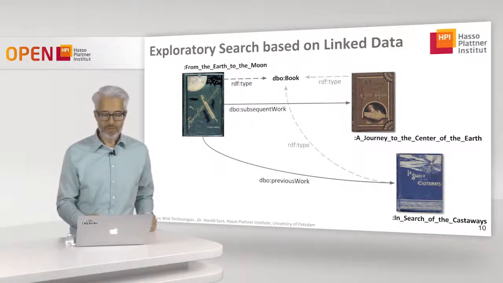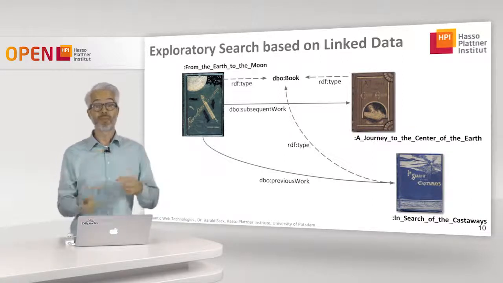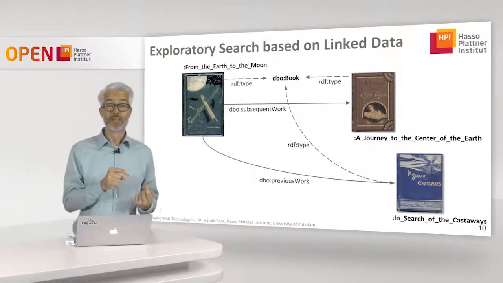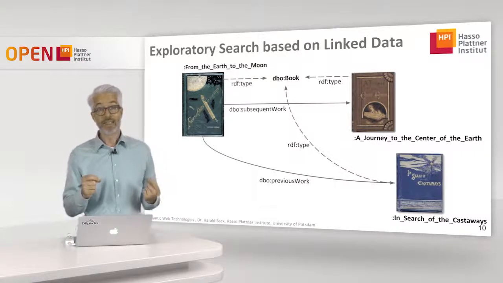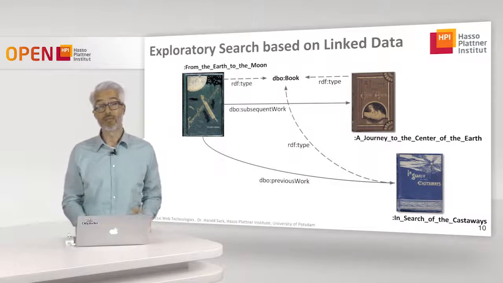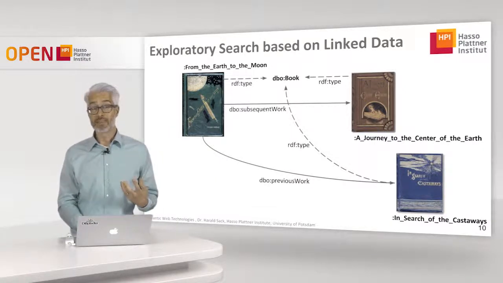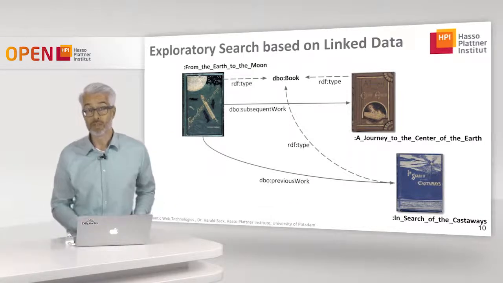And the nice thing, of course, these are resources which are of the same type as my original resource. So this I can take as a hint that these are resources I might really be interested in if I look at the same type. So this then gives me something like, in quotes, a good suggestion.